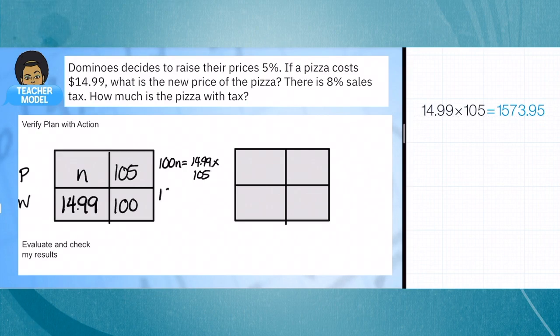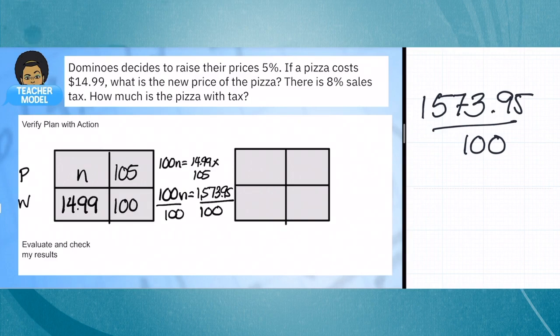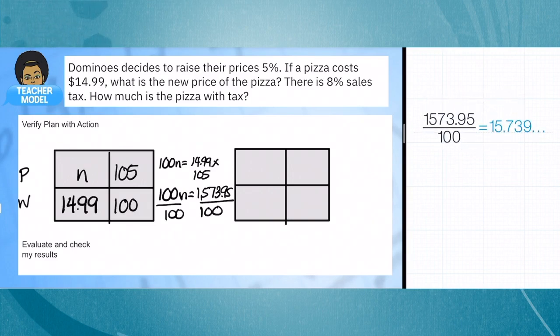And we get 100N is equal to 1,573.95 cents. Now we're going to divide by 100. And we get $15.74.